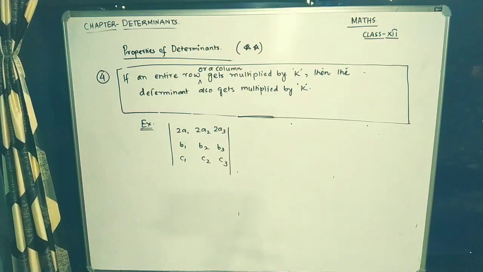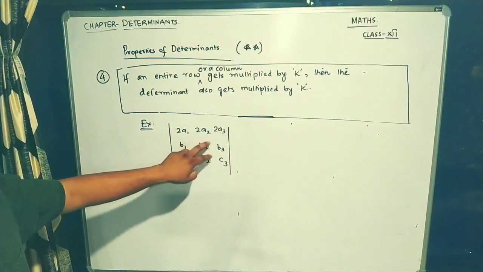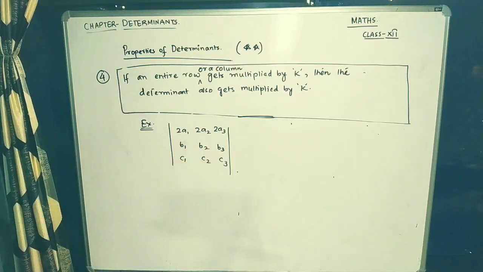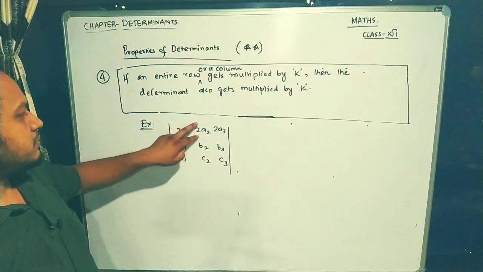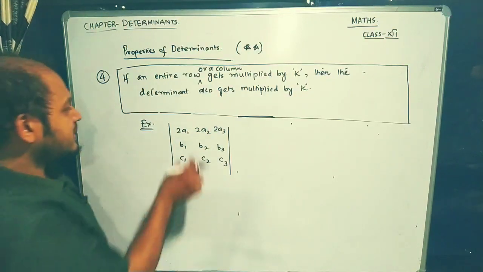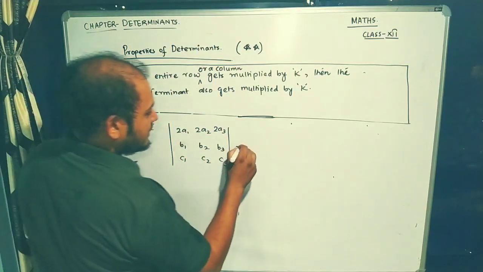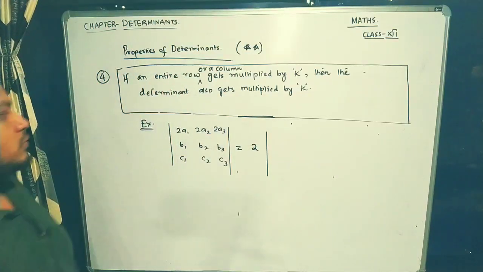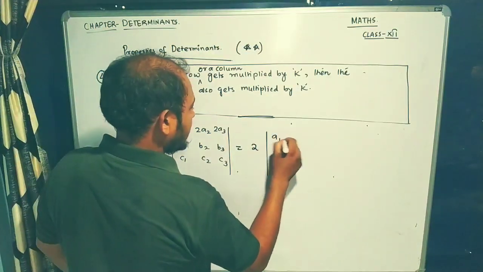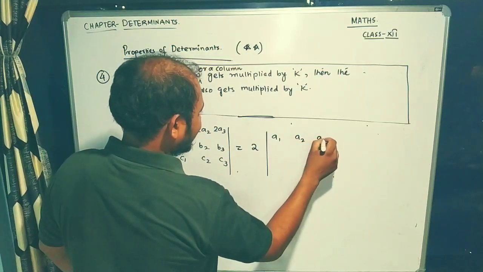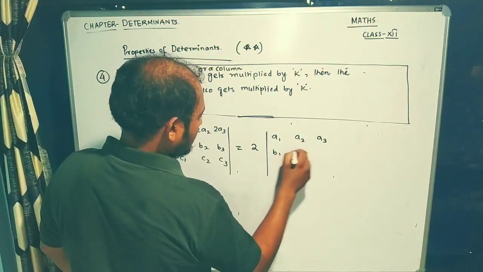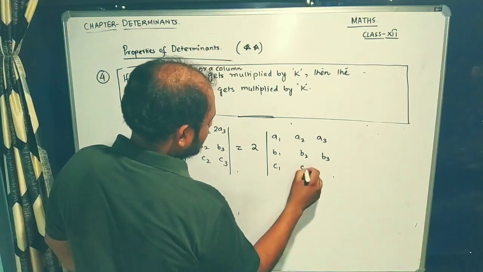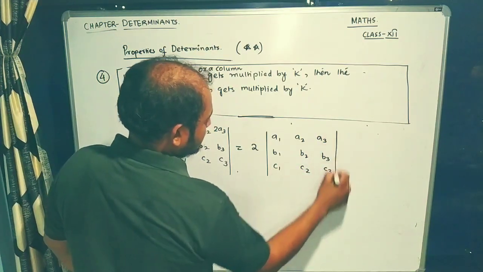Rest of the rows are not multiplied by 2 or any number. They are just b1, b2, b3, c1, c2, c3. And the first row is getting multiplied by 2. So you can take 2 common outside and express the same thing. That means the whole determinant gets multiplied by 2. So this is equal to 2 times the determinant a1, a2, a3, b1, b2, b3, c1, c2, c3.